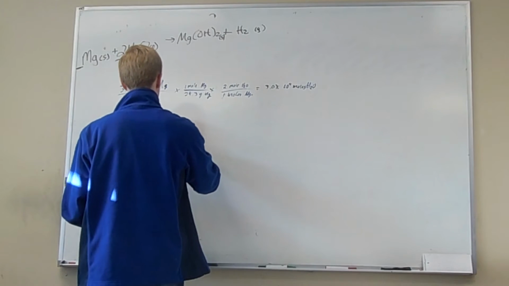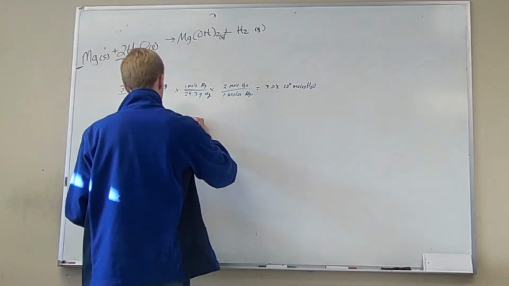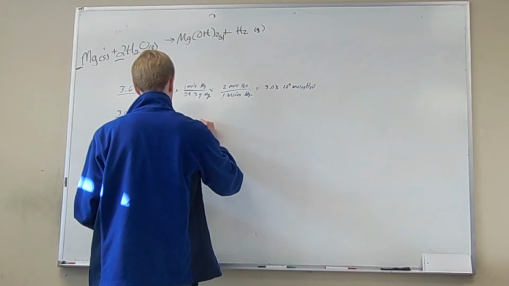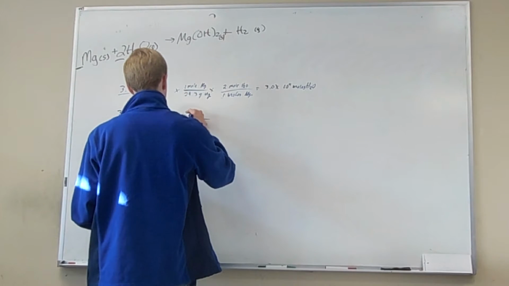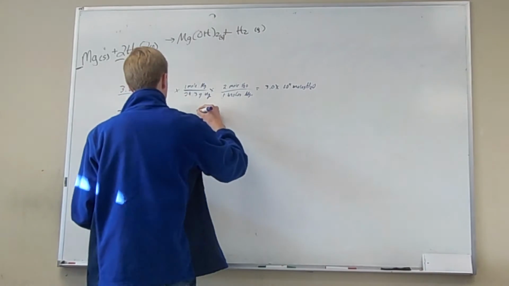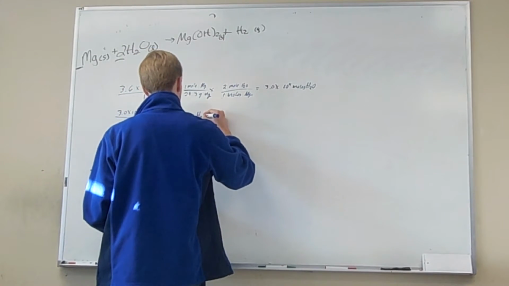So then he solved for moles of water, kept 2 significant figures because the data only has 2. And then he converts moles of water to grams of water using the molar mass of water.